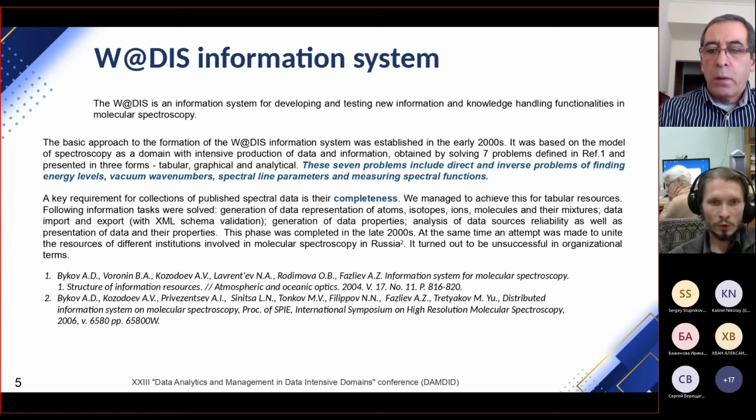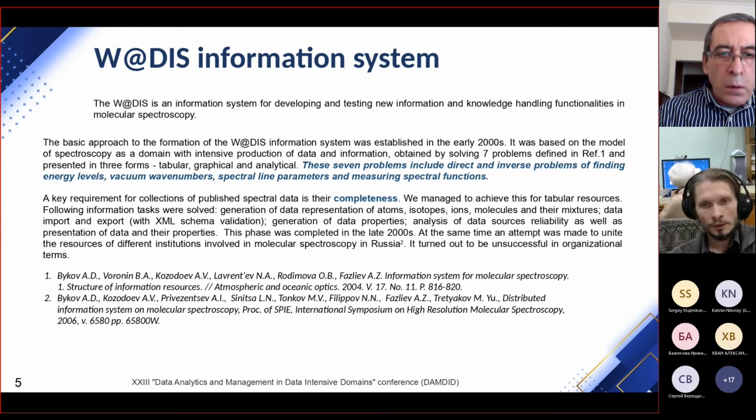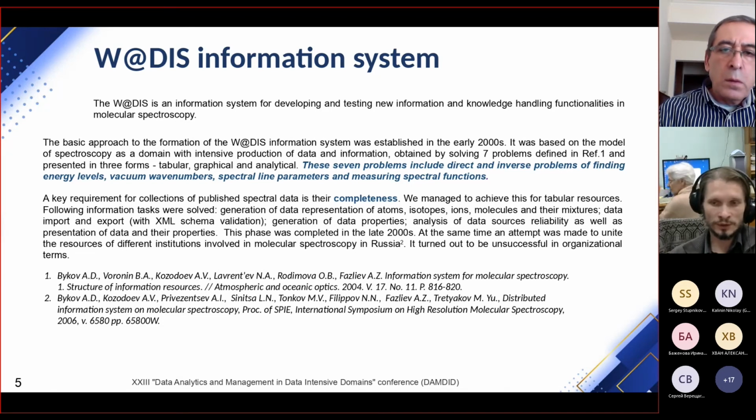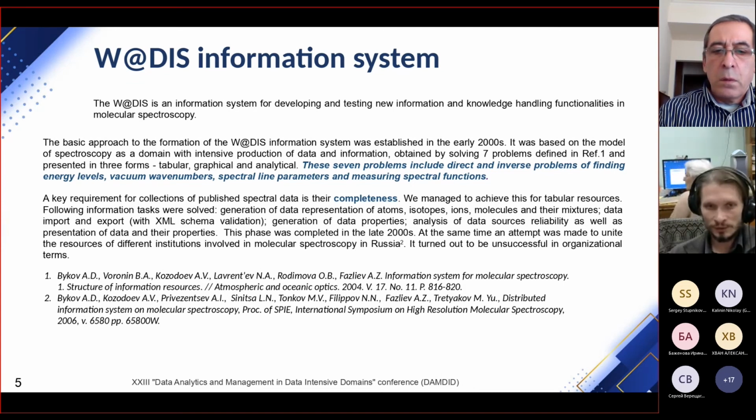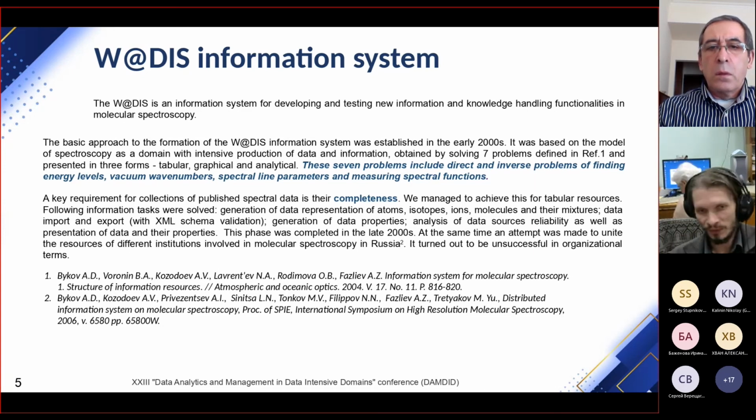What we require most from the published spectral data is completeness. To this time, we managed to achieve this completeness for tabular resources in our system. And using this complete set of data, we solved several information tasks, such as generation of data representation of different substances, and both import and export of data with XML schema validation.